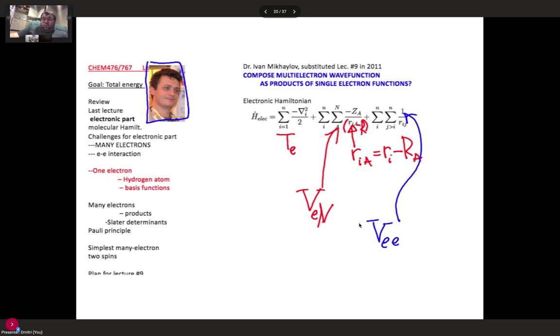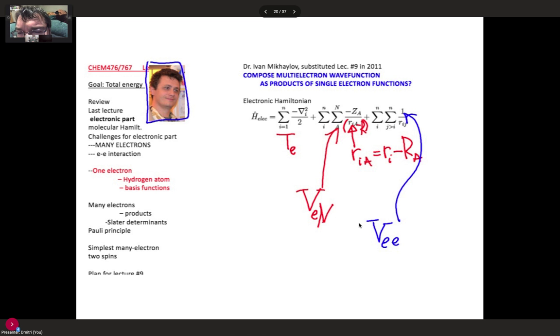Okay, so before we go to the Slater determinant, we need to quickly overview the hydrogen atom and basis functions that we already started to do in the class verbally.